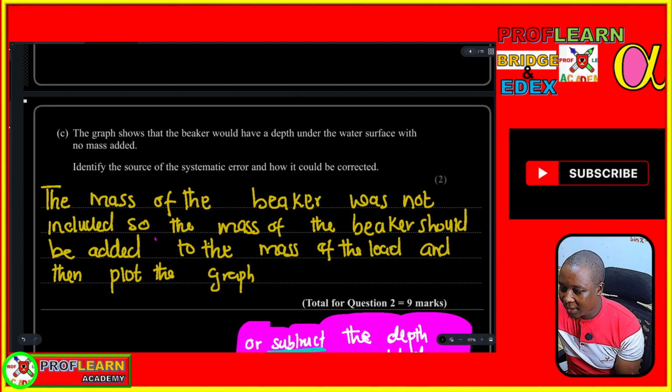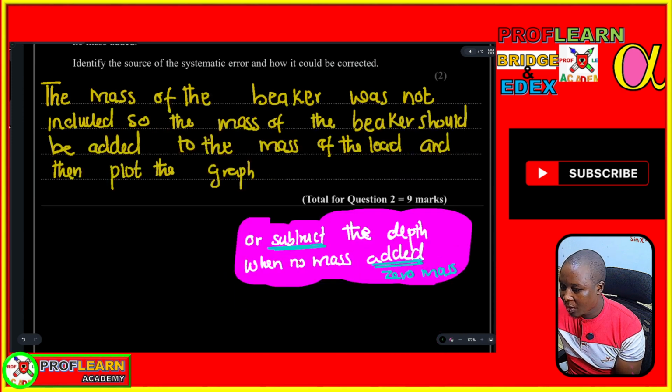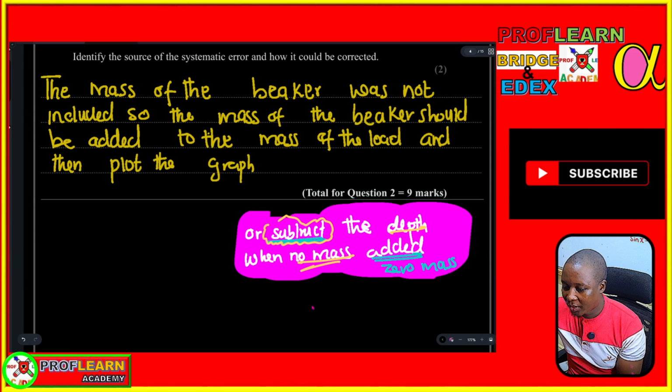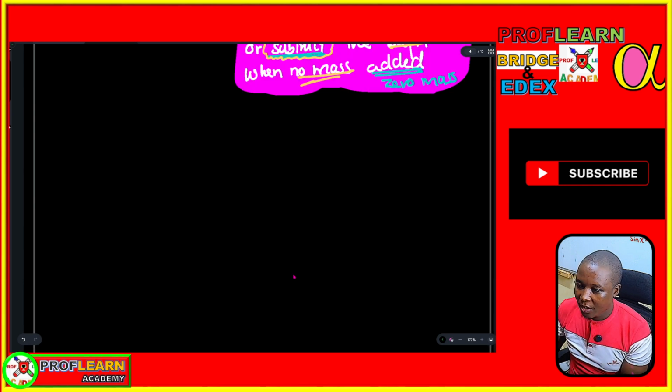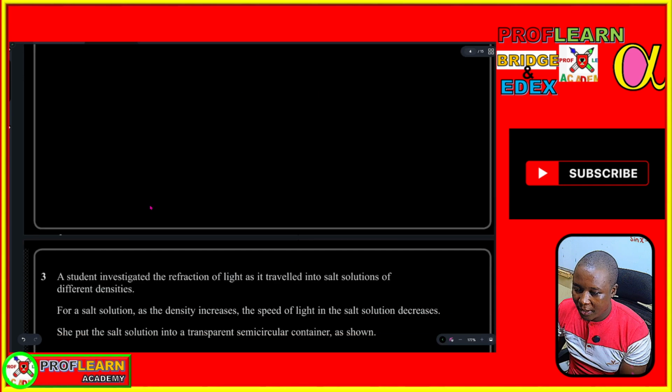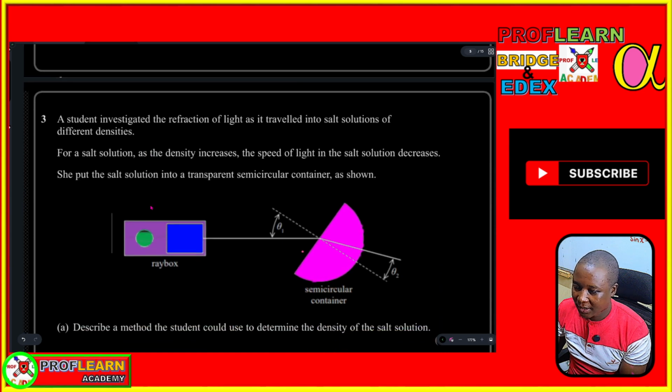So in order to correct it, the mass of the beaker should be added to the mass of the load, and then plot the graph. Another way is by subtracting the depth when there was zero mass. They could have considered that as well in order to ensure that they get the right results.